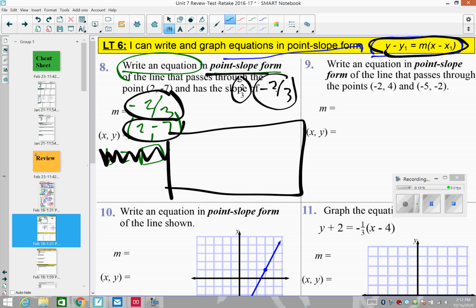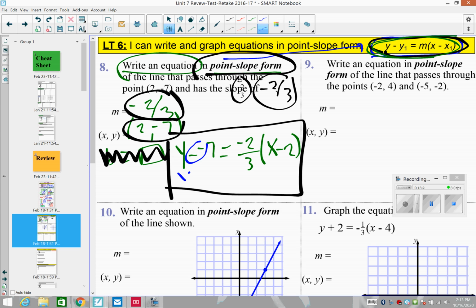We use point slope. Point slope says y minus the y coordinate, and notice I'm subtracting a negative there, equals the slope times x minus the x coordinate. Now we're going to clean that up because this really means addition.